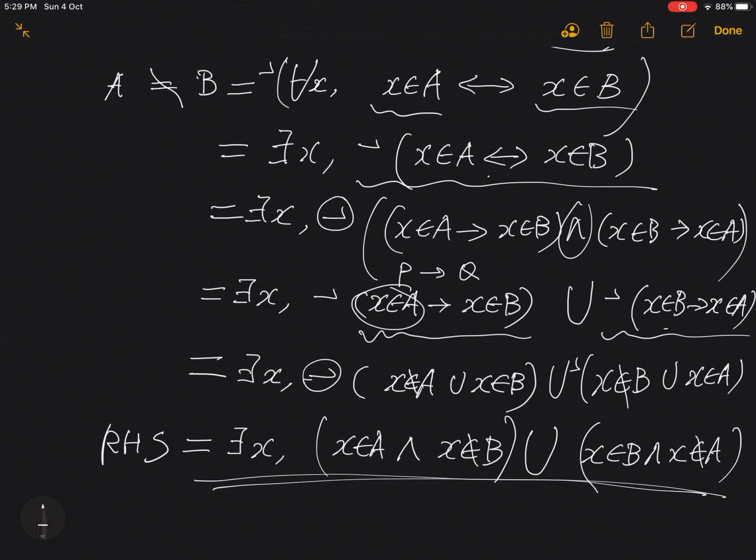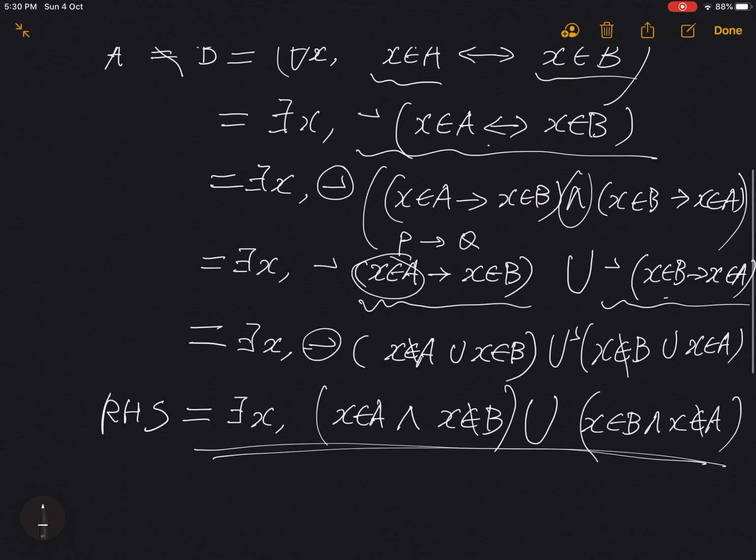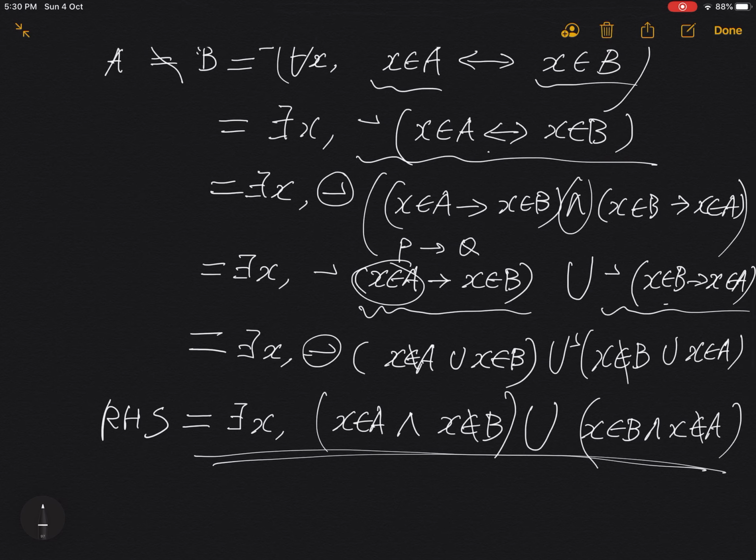And then something we need to note is that from the first line to the second line, we use the negation of the universal quantifier. Okay, and then we separate a biconditional operator into two statements and use the and to connect the two conditional statements.